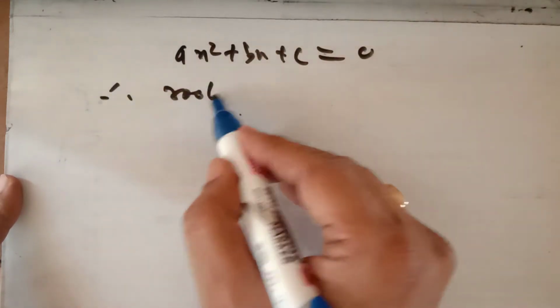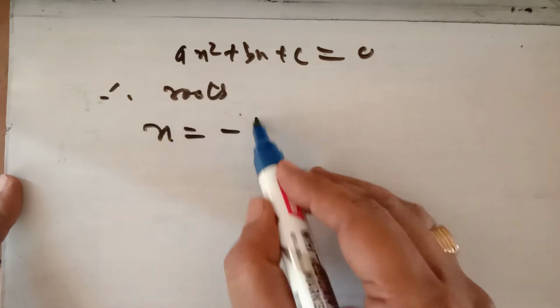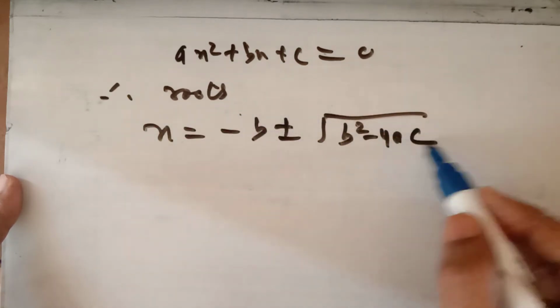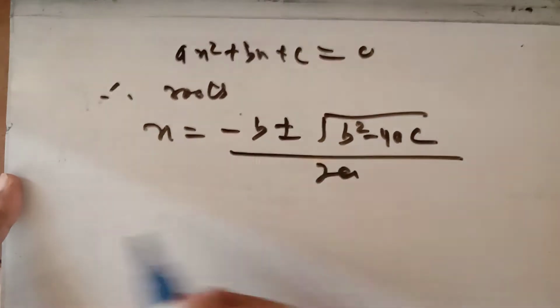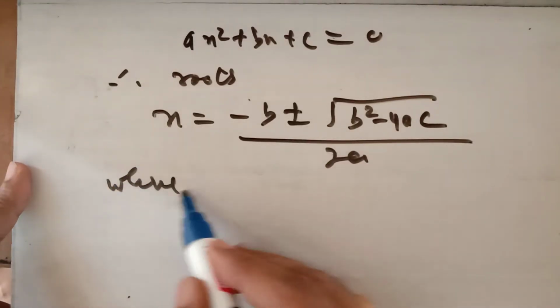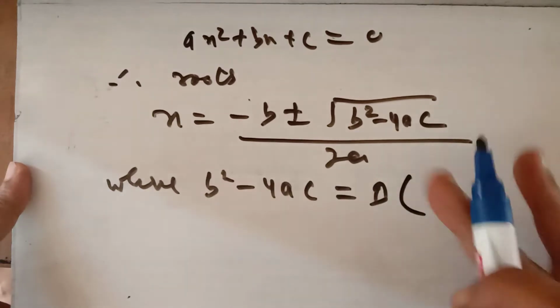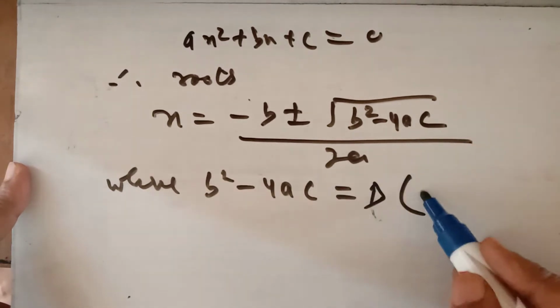Therefore roots can be found by the quadratic equation formula as minus b plus minus root b square minus 4ac upon 2a, where b square minus 4ac is equal to D, which is known as the discriminant of the quadratic equation.